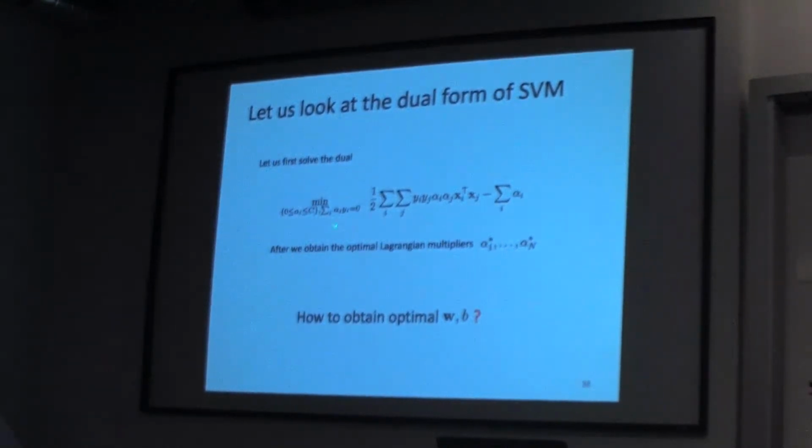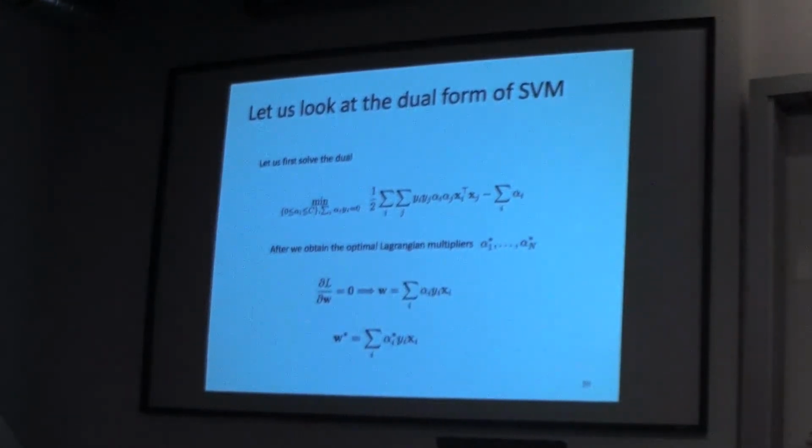Now, in our dual form, we only obtain the optimal values alpha 1 star to alpha n star. The natural question would be, how do we recover the optimal model parameters w and b in the original space? That's the first question we need to address.